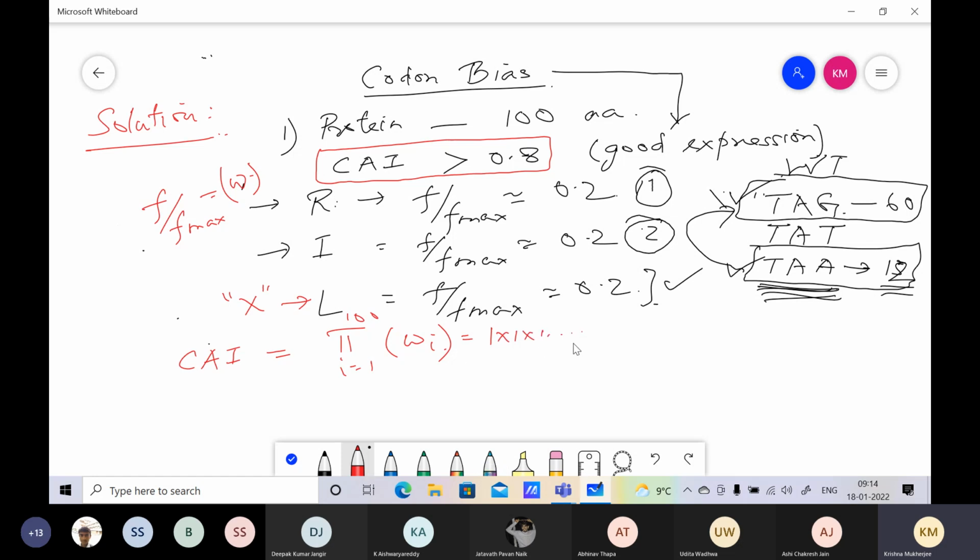So we don't really need to bother. Into 0.2 into 0.2 into... so 0.2 raised to the power of x, right? There are x of them, and then this whole thing raised to the power of 1 by 100 is equal to 0.8, right? That is it. So you can find out x, and x should be less than that. So what is the answer?